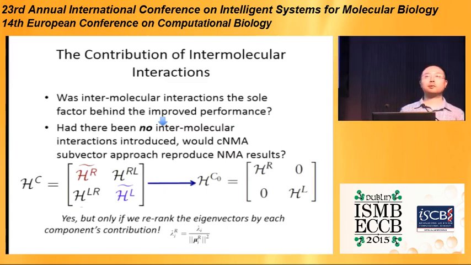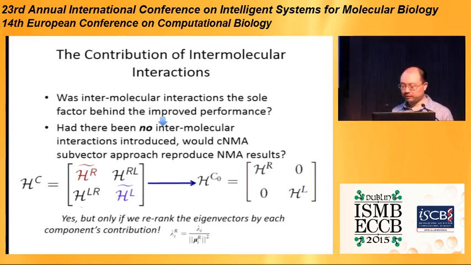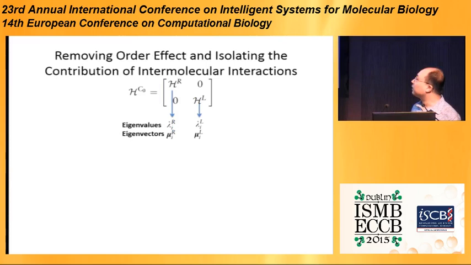And not-so-quick answer is, if you look at the complex-derived Hessian, and now we have no intermolecular interactions, the off-diagonal blocks become 0, and the diagonal ones become just like the conventional Hessians you observed. And this matrix actually has peculiar eigenvectors and eigenvalues. The eigenvalues and eigenvectors of the individual diagonal components are like this.